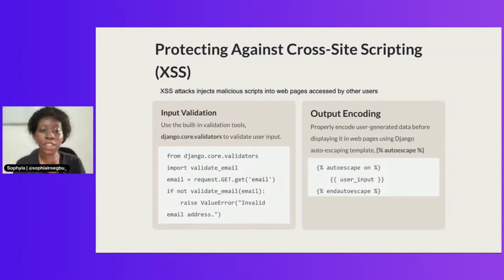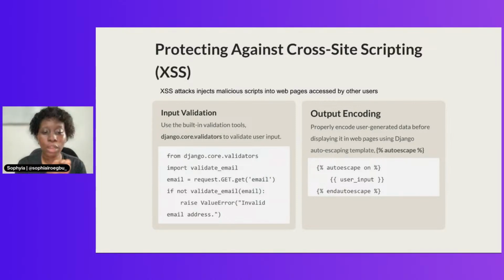So the first way for you to protect against such attacks, ensure that you use validation to always validate your user input. Don't think that your user is very smart, that they would send in the data that you want. Ensure that you validate it.